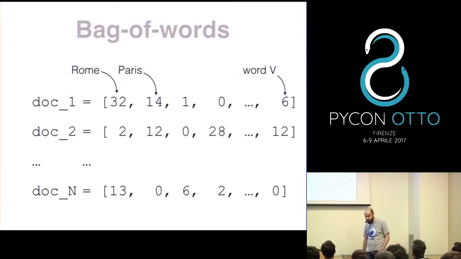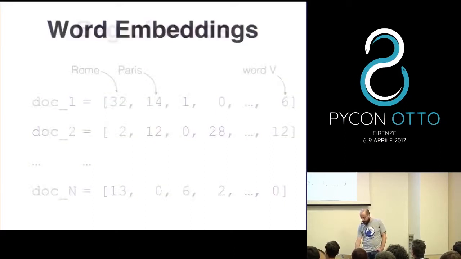In this example, document 1 has the word Rome coming up 32 times, the word Paris coming up 14 times, and so on. And here you still have the dimensionality problem. You have a lot of dimensions. But you start having some notion of similarity, because at least you can somehow match the dimensions between vectors. And these are fairly common, fairly well understood in text mining.